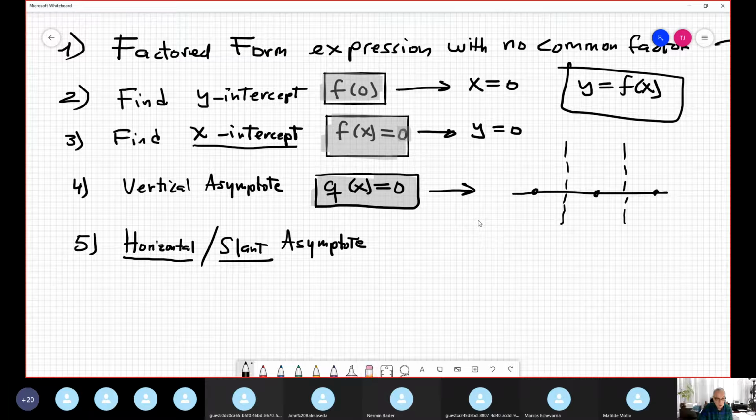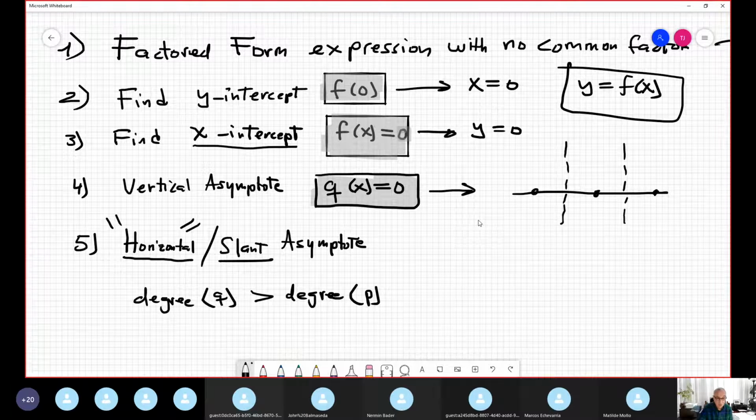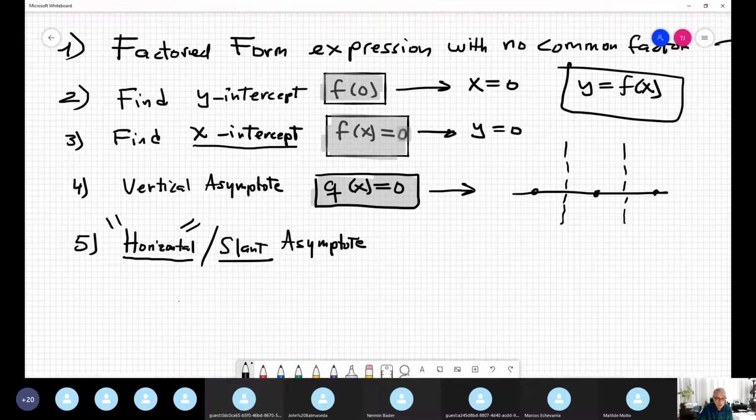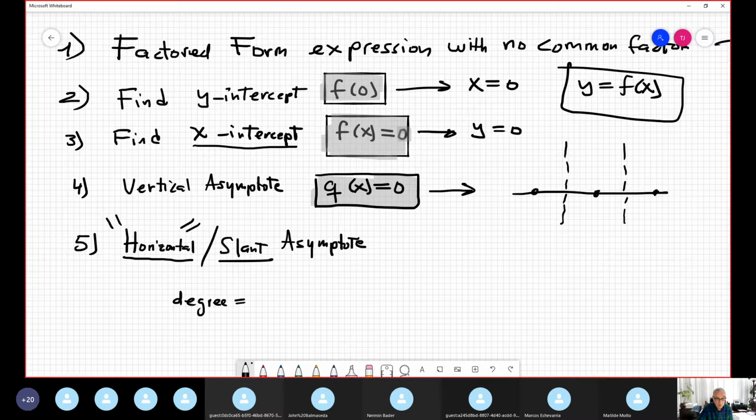And that's it. If the degree of Q is greater than the degree of P, we also have a horizontal asymptote, but this is the special case y equals 0. And slant is when the degree of P is equal to the degree of Q plus 1. So one more. It's greater than, but by one more. You have a slant.